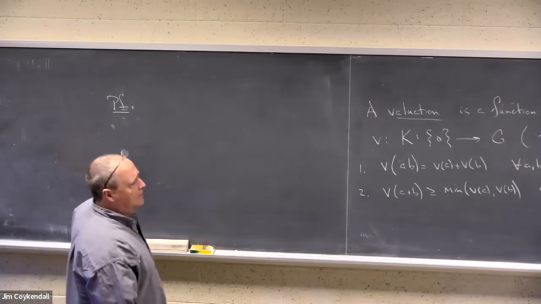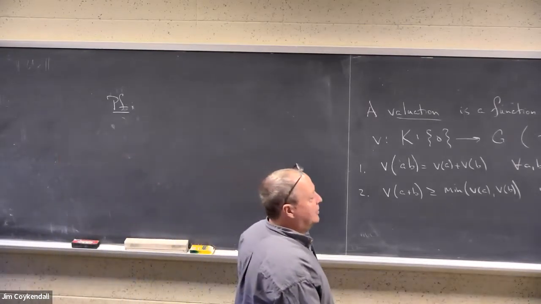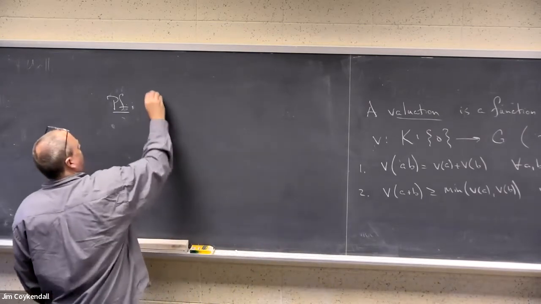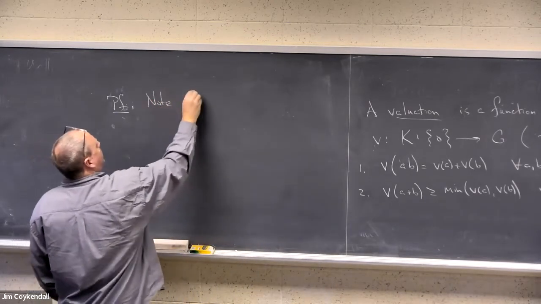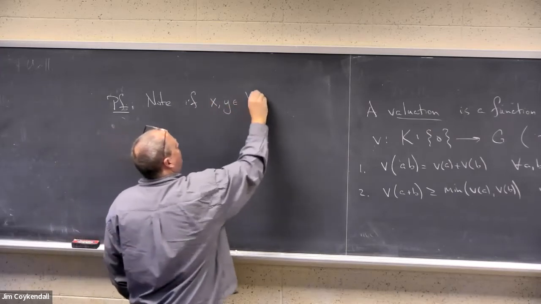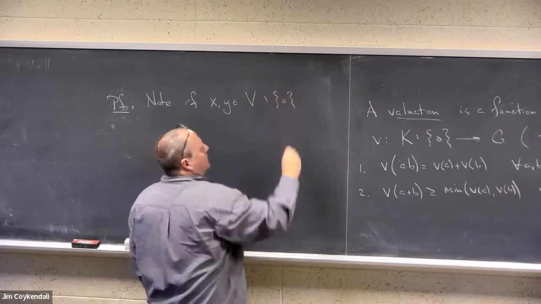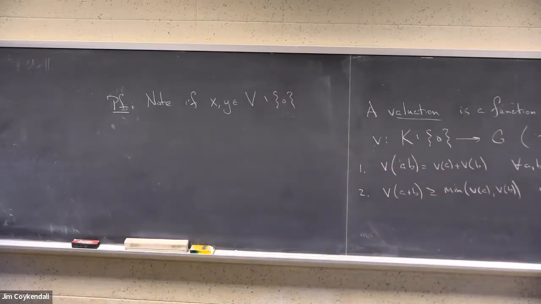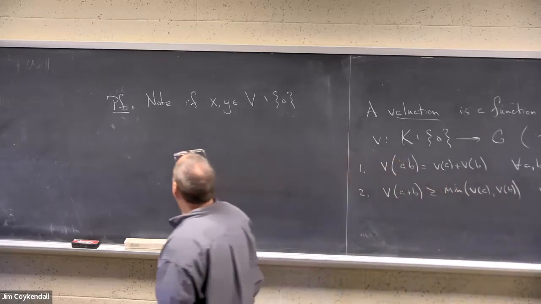And the proof is fairly straightforward. Note, if X and Y are in B, and let's take V not 0, because certainly if either X or Y is 0, then we add them and the sum is still in there.